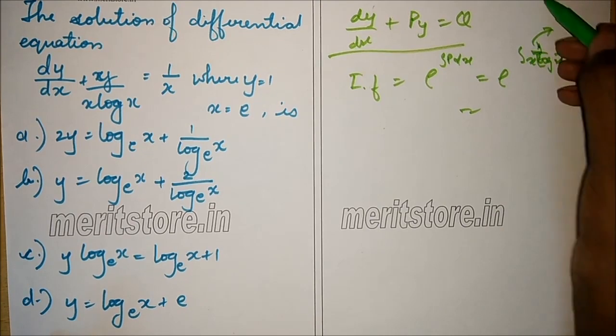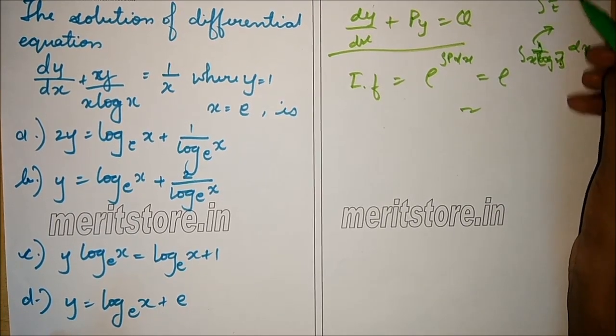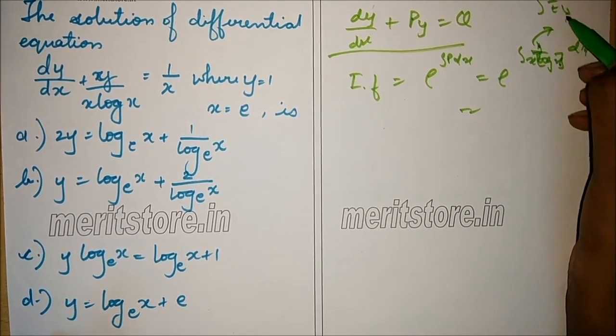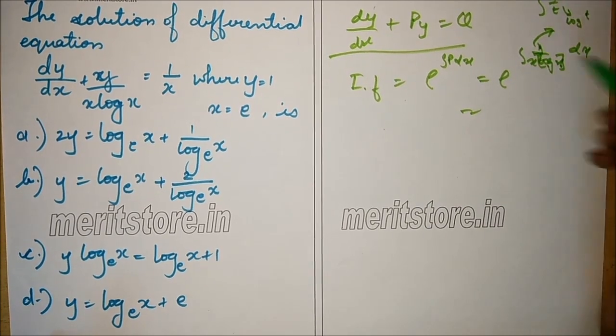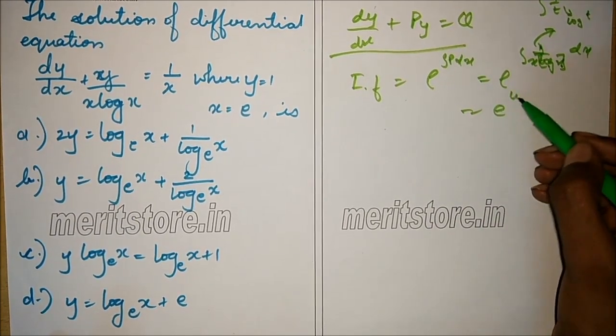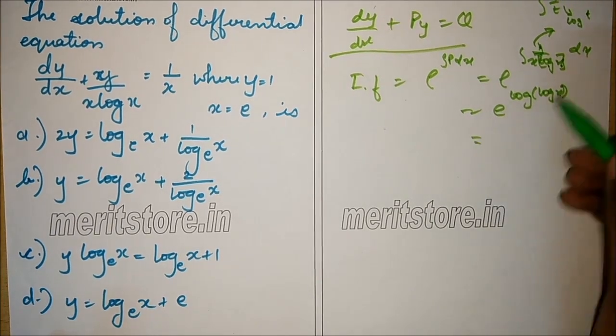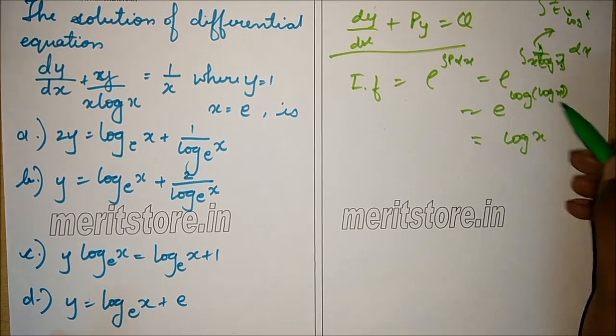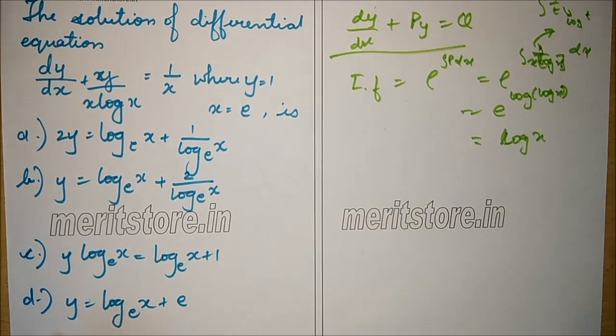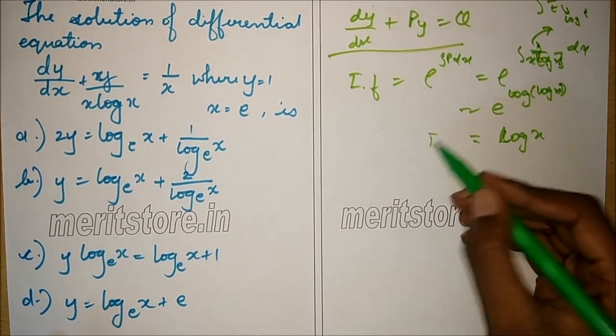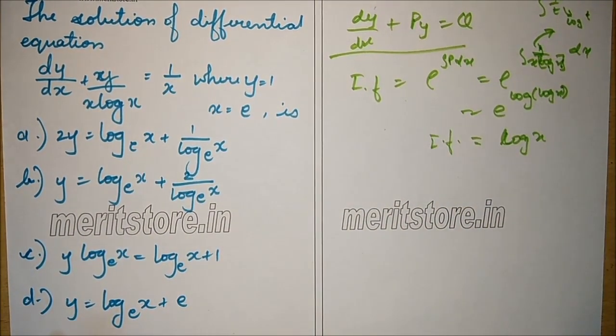So we can write this as integration of 1 by t dt. So this will be log t, where t is log x. So this will be e raised to log of log x, that is equal to log x by law of logarithm. So the integrating factor is log x.